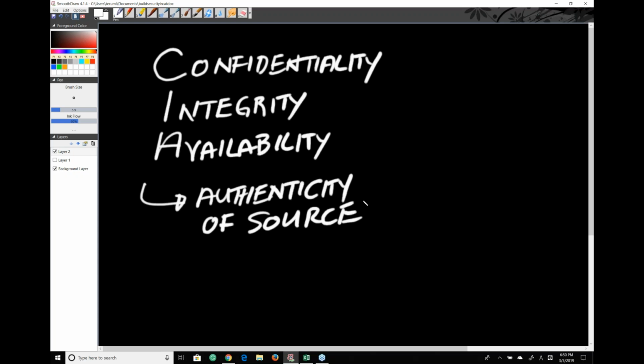There could be many sources, but there's one that you can actually bring to court and say this is authentic because I have this ID issued by someone, and that ID is called a digital certificate. So the authenticity of source is usually acquired using the digital certificate.